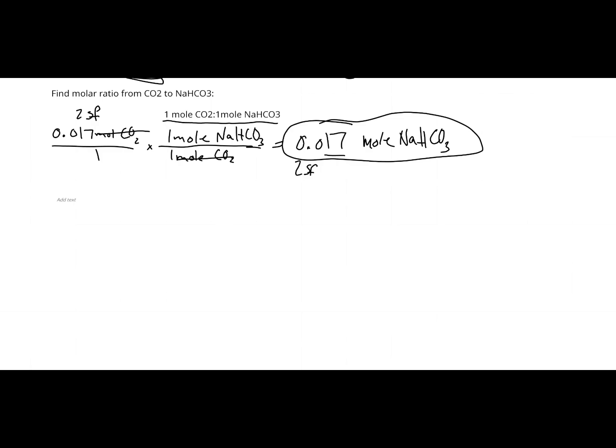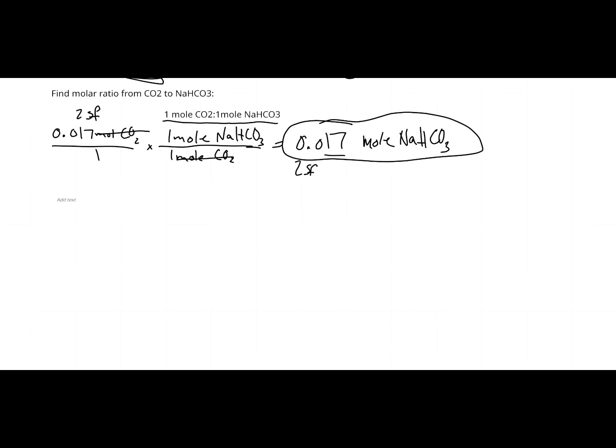And I do that by looking at my periodic table yet again. I'm going to look at my different atoms and how many of each atom I have, find out those AMUs, add them up, and that total AMU number is going to be the equivalent to grams that equal 1 mole of sodium bicarbonate. So we're going to go ahead and type those in.